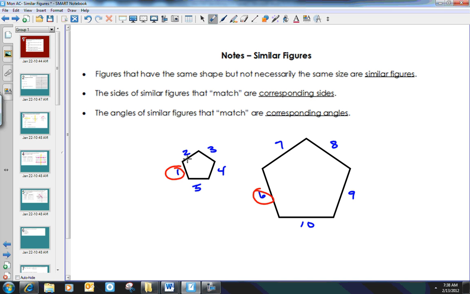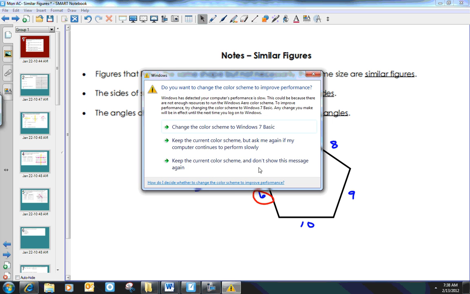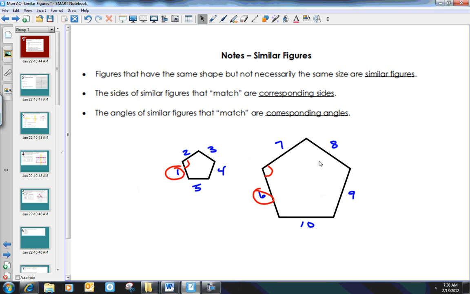Okay, and then this angle and this angle match, so they are corresponding angles. Okay, so the sides of similar figures that match are corresponding sides. So 1 and 6 correspond, 2 and 7, 3 and 8, 4 and 9 correspond, 5 and 10 correspond.